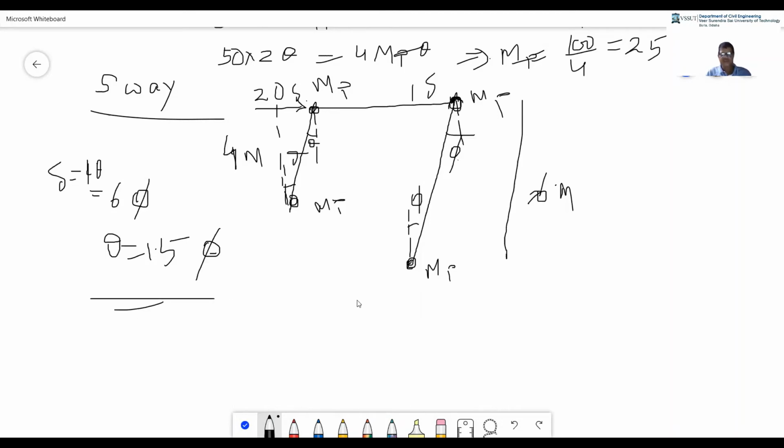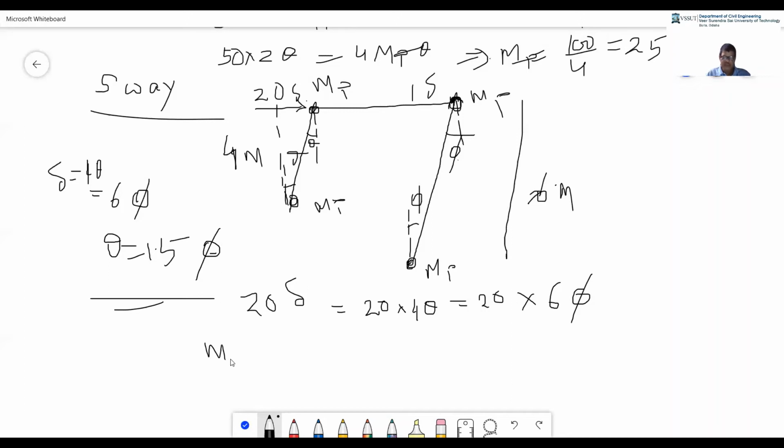Now let us go for this mechanism. What will happen now? External work done is 20 into delta, so 20 into 4 times theta, that is 20 into 4 into 1.5. What will the internal work done be now?